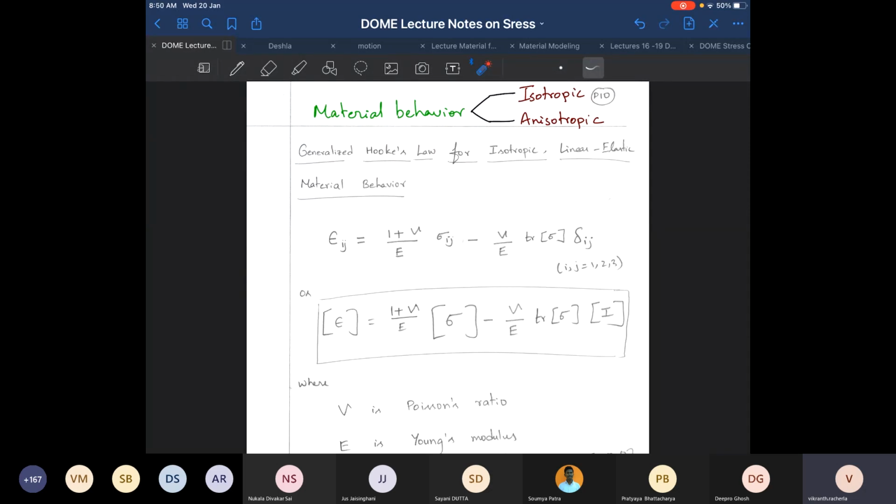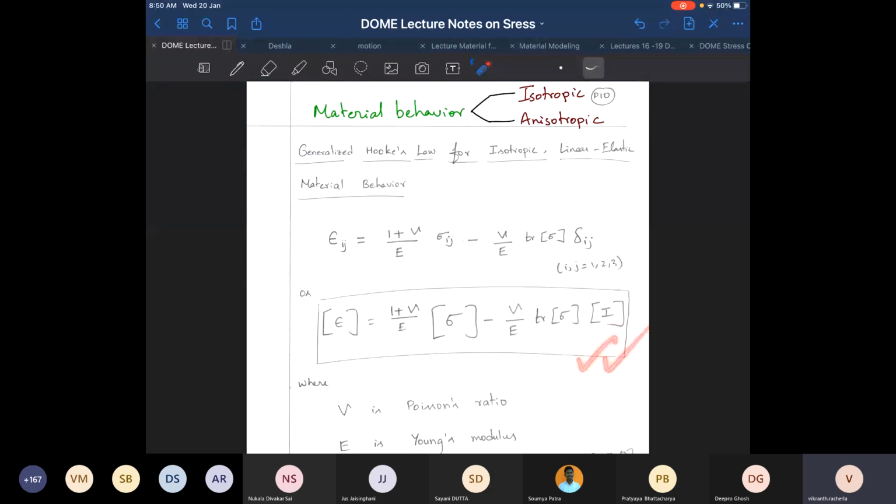So we are going to assume isotropic linear elastic material behavior, and for these kinds of materials, the relation between stress and strain is given by this kind of equation. The strain components epsilon ij, or let us look at it in matrix form: epsilon equals (1 plus nu) by E times sigma, minus nu by E times trace of sigma times identity.